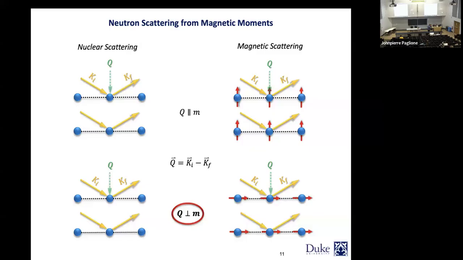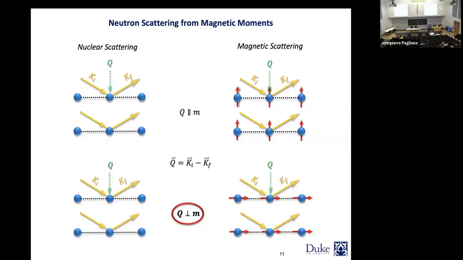Now, for the magnetic scattering, remember that the neutrons will only be able to probe the component of the magnetic moment of the compound that is perpendicular to Q. So if you look at this particular case, because Q and the moment are along one direction, you won't be able to see any magnetic Bragg peaks in here. But here you would be able to see that.